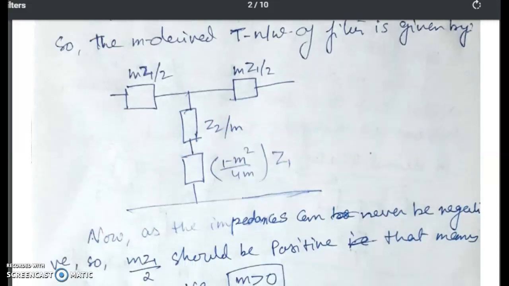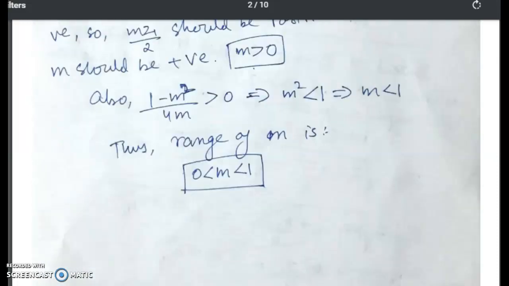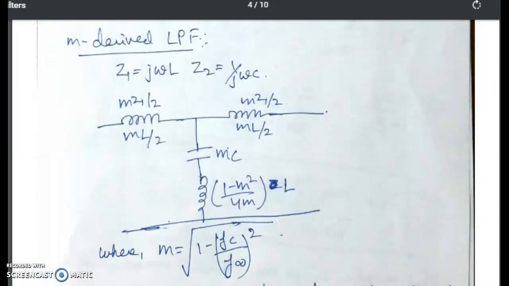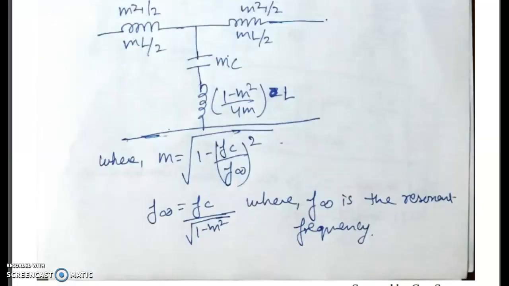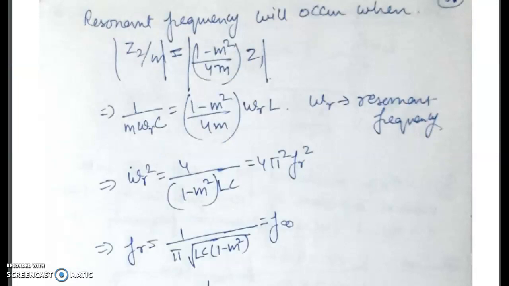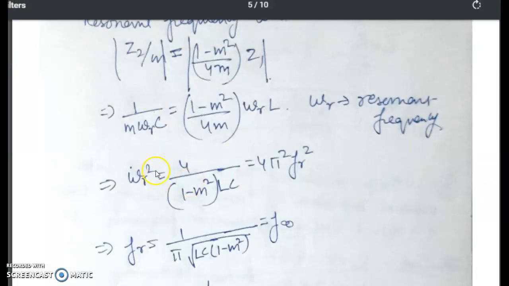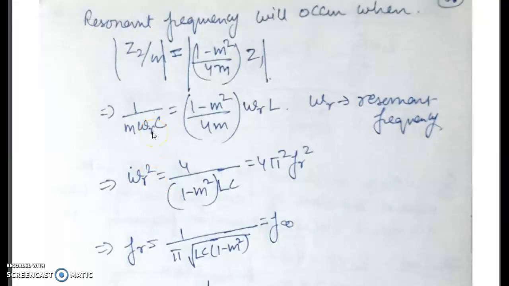So at that time the circuit enters in the resonant condition. When we compare it, we replace the frequency omega as omega r because it is the resonant condition. So omega r defines the resonant frequency.